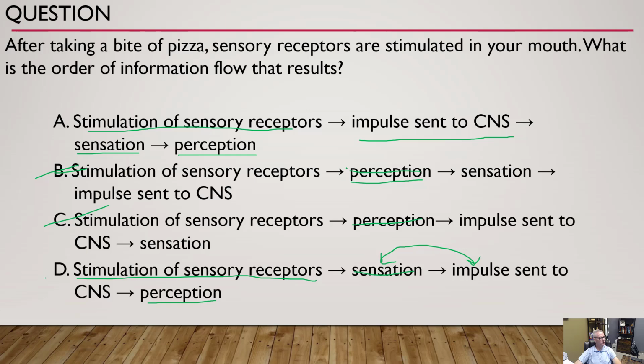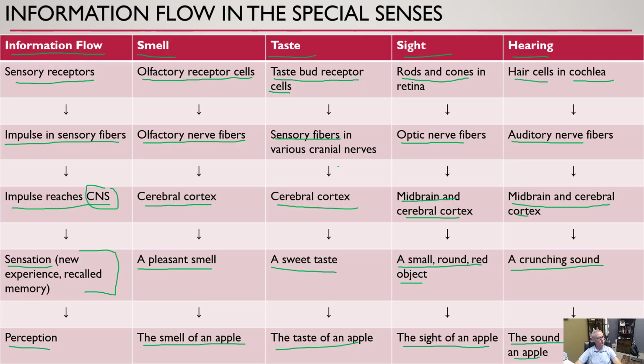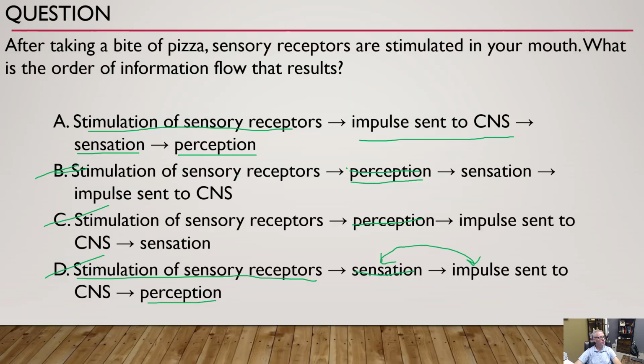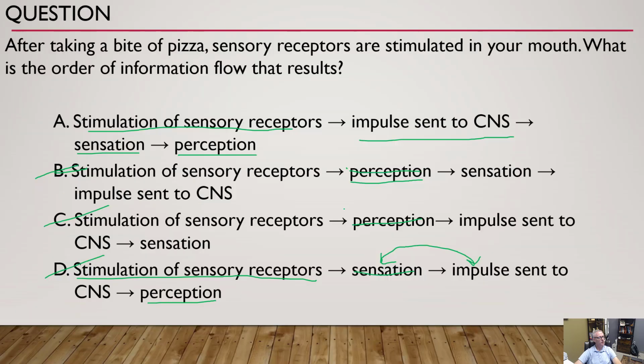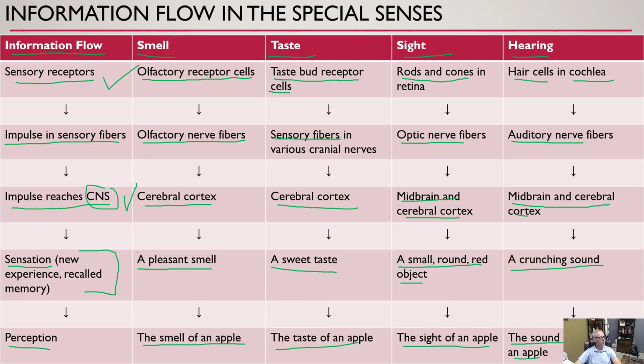So D is out. So A would be our correct answer. Stimulation of sensory receptors. Impulse sent to CNS. Then we have sensation and perception.